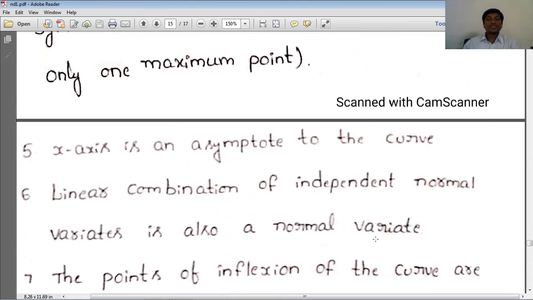Next, the x-axis is an asymptote to the curve. What is meant by an asymptote? An asymptote is a line that coincides with the tails of the normal curve, but does not exactly touch it. We say that at infinity it touches, and that is what is meant by asymptote to the curve.